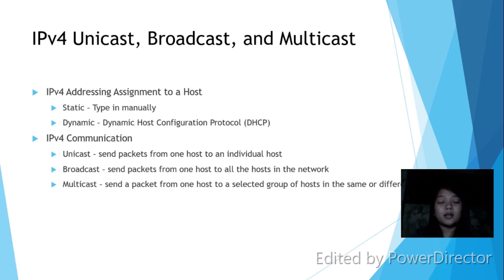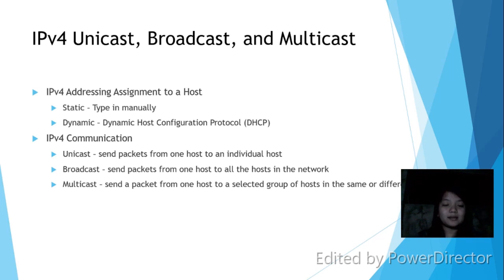Then IPv4 communication. Unicast sends packets from one host to an individual host, so the unicast is a one-to-one connection. Then broadcast sends packets from one host to all the hosts in the network. Then the multicast sends a packet from one host to a selected group of hosts in the same or different network.